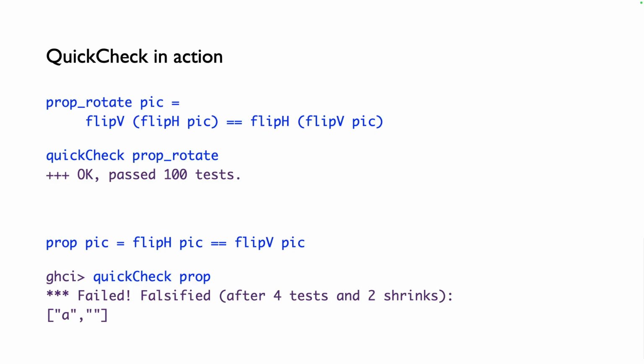And when I've done the QuickCheck on that property, I get failed, falsified after 4 tests and 2 shrinks. And here's a counterexample. If we take the list with list A and empty list, if you apply flip H and flip V to that, you get 2 different results. Unsurprising.